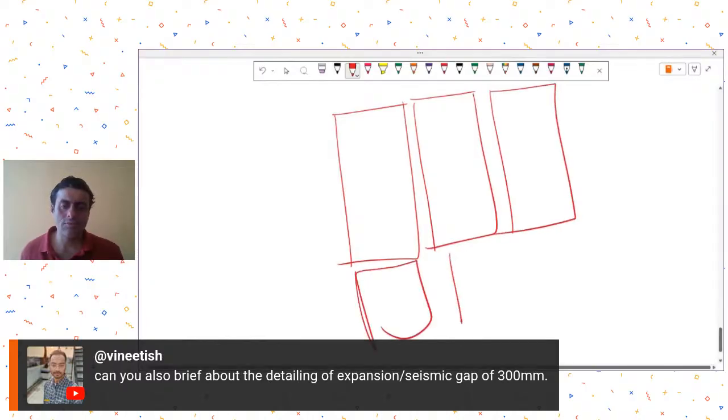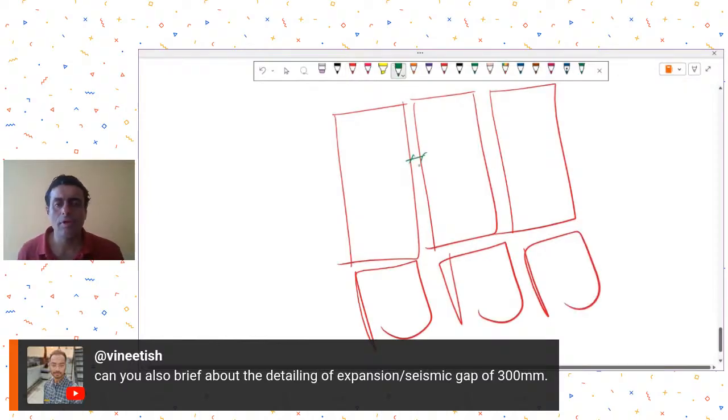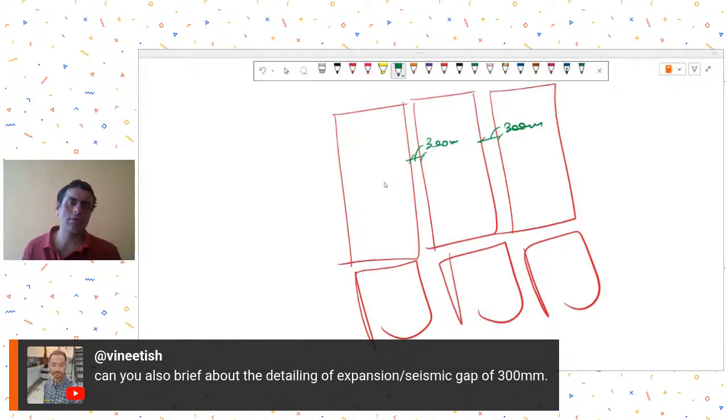As per the seismic requirements, the gap coming out was around 300 mm. Because of the large area he had provided an expansion joint, and that expansion joint also had to be checked for the seismic gap, which came out to be 300 in his calculation. So he was asking what to do with such large gaps.